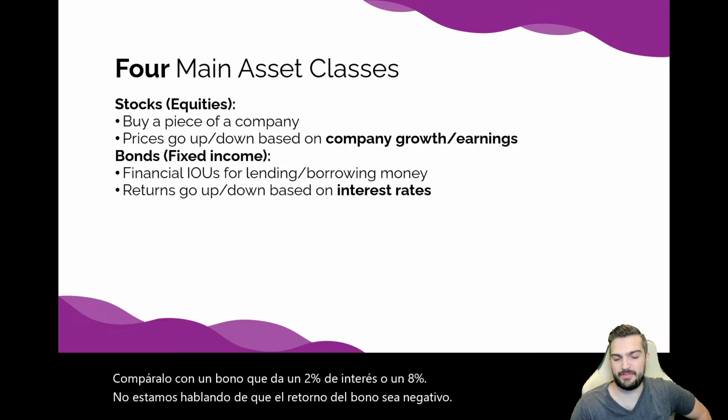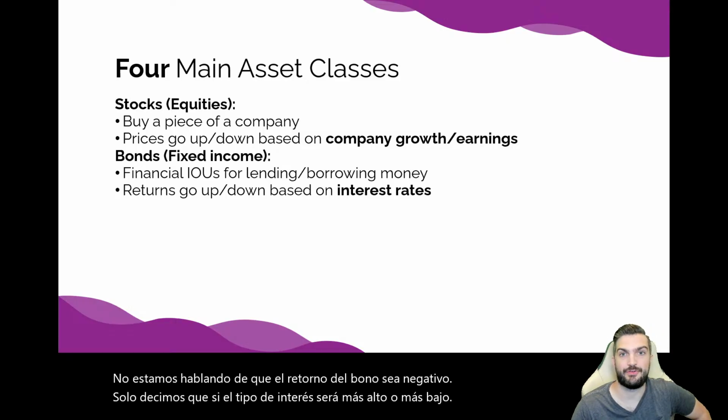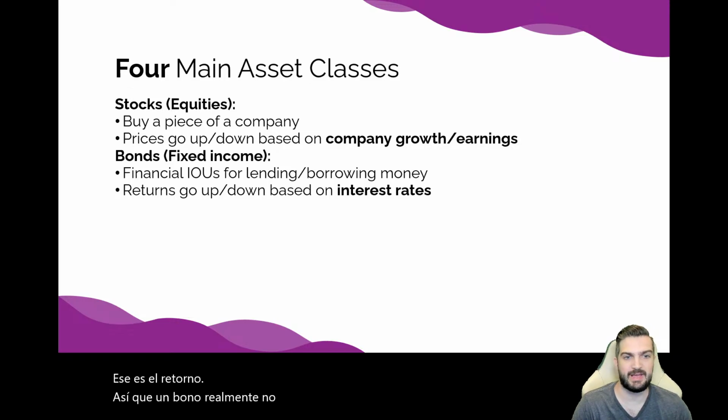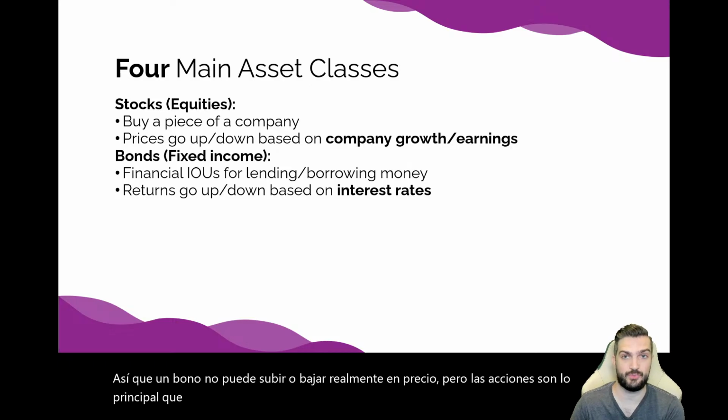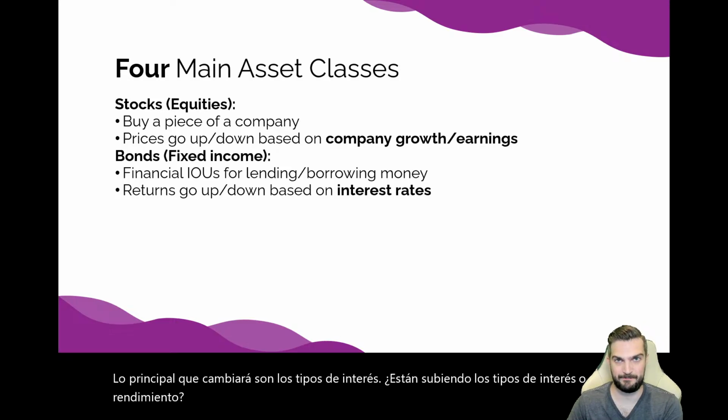We're just saying that the interest rate will be higher or lower. That is the return. So a bond won't really go up and down in price like we can think of with stocks. The main thing that will change is the interest rates. Are the interest rates or the return going up or down?